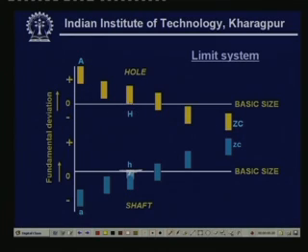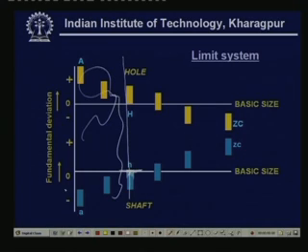So, if we want to have a clearance fit, say for example, then can we not think of this zone? This is a zone where we can have the clearance fit, because you can see the size of the shaft is lower than the basic size, and the size of the hole is more than the basic size.